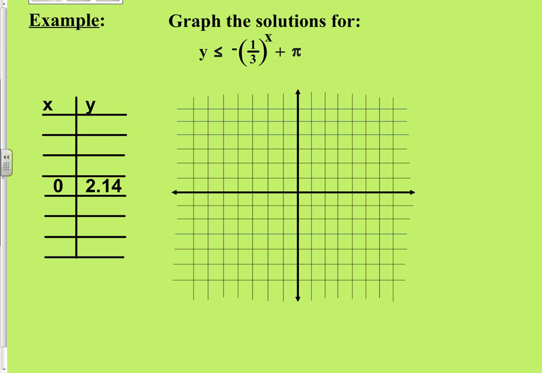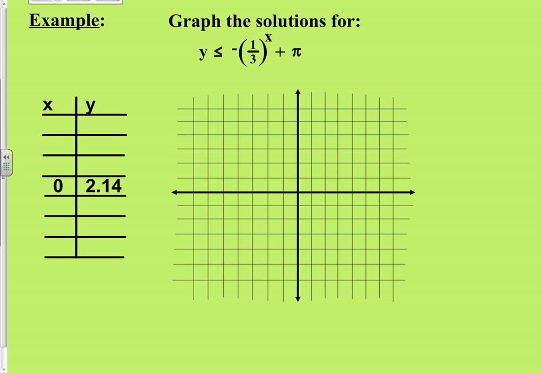Well, 1/3 is a number that exists between 1 and 0 on the number line. And remember, when you get a base number between 1 and 0, that's going to turn the graph around backwards. So instead of going horizontally to the left and vertically to the right, that's going to turn it around and make it go horizontally to the right and vertically to the left.